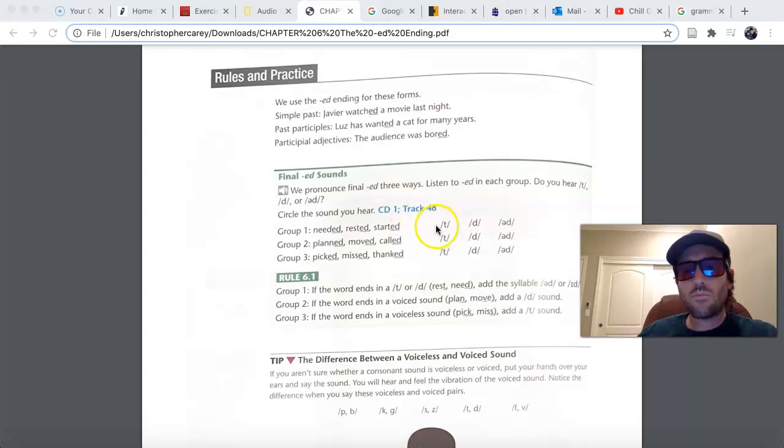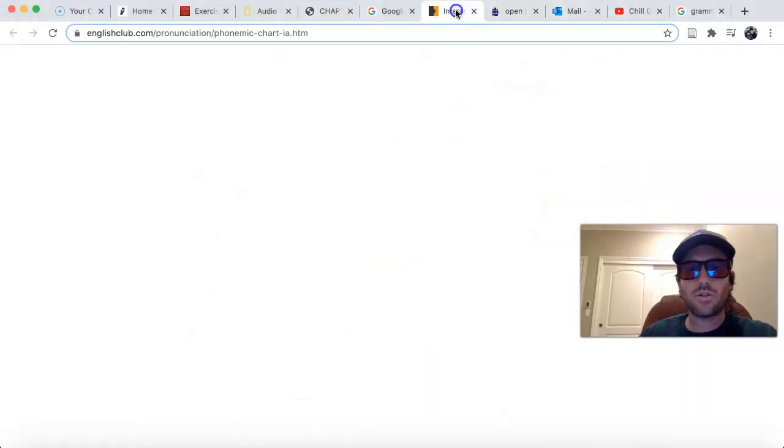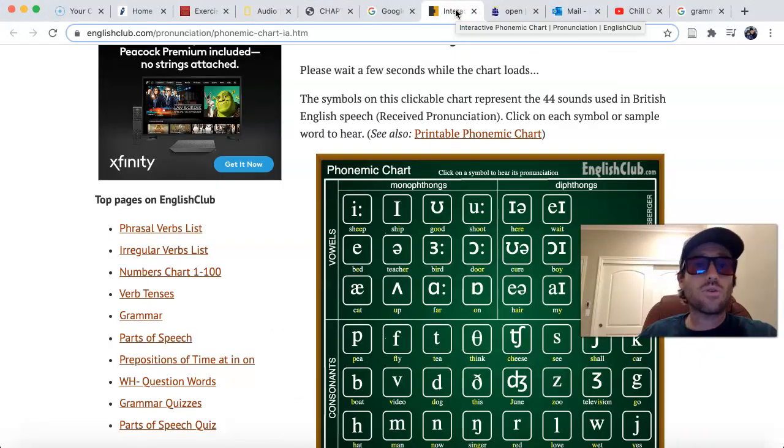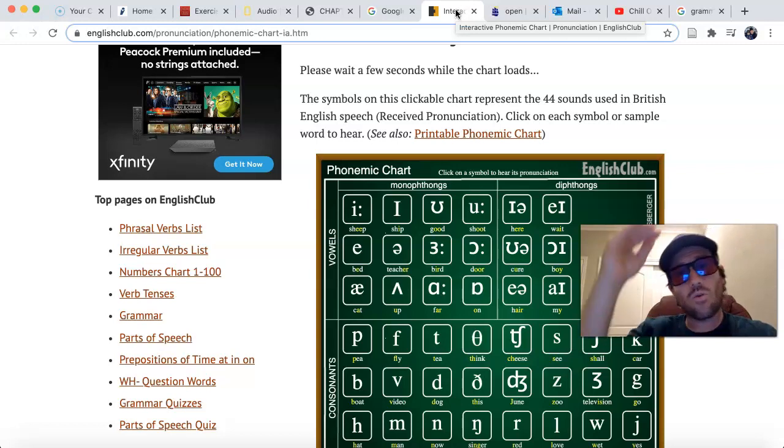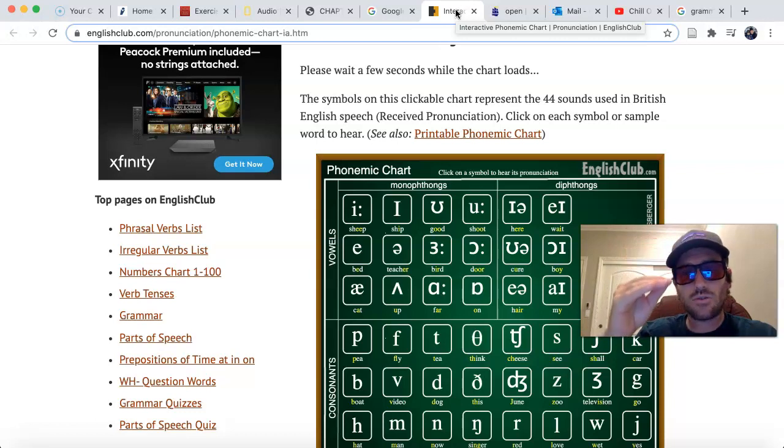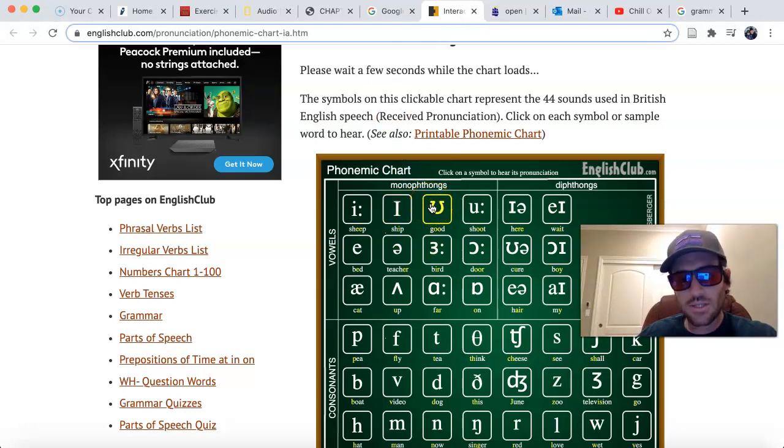So it's really important, before we even begin to identify what these 3 sounds are, that we go to our interactive chart. And remember, you can find this in the modules under orientation. If you go into the orientation module, you'll see there's a page that says useful online tools for this class. That's how you'll find this.